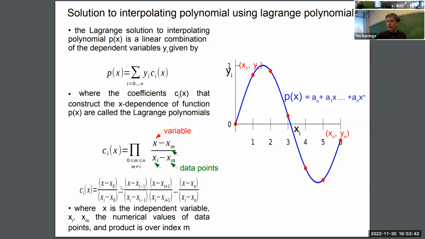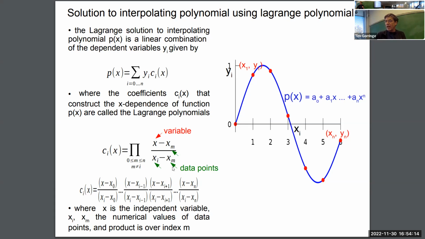Here I've written out in full what that product is. The xi corresponds to the particular polynomial. If we've got 7 data points, we're going to need 7 of these polynomials, from C0 through to C6. The xi matches the particular polynomial that we're calculating.